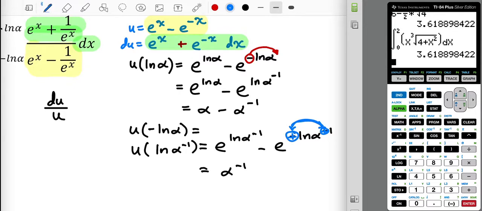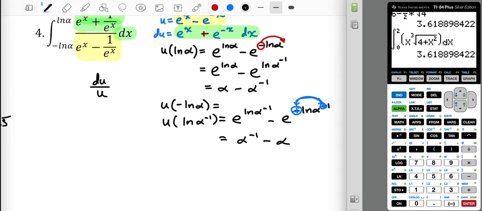So minus alpha. All right, so we're looking at the integral over the interval of alpha to the negative first minus alpha, to alpha minus alpha to the negative first.